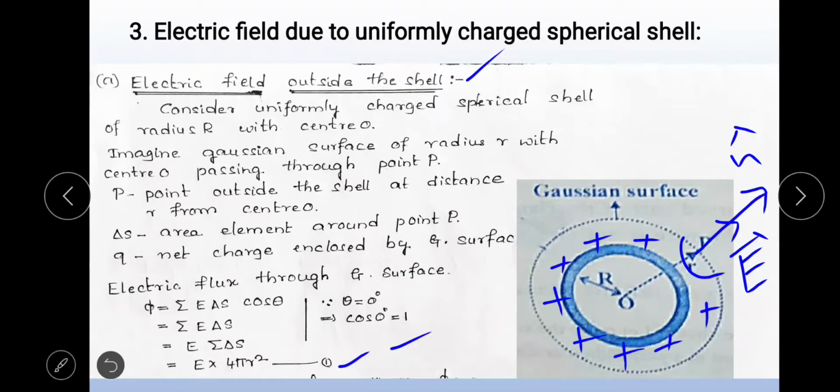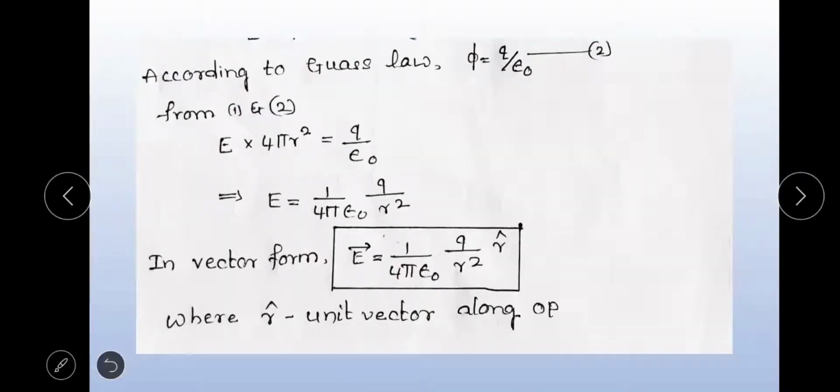Okay. Next. According to Gauss law, phi equals q by epsilon naught. Call it equation 2. From equation 1 and 2, E into 4 pi r square equals q by epsilon naught. So hence E equals 1 by 4 pi epsilon naught into q by r square.